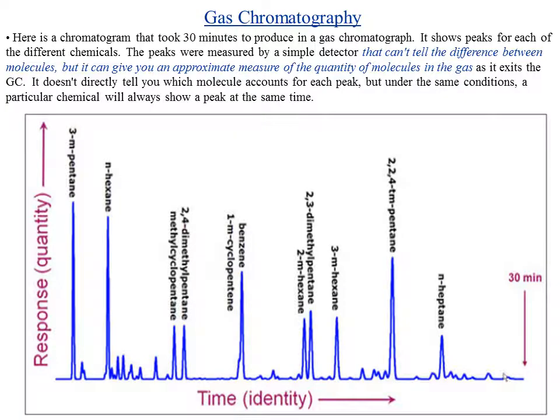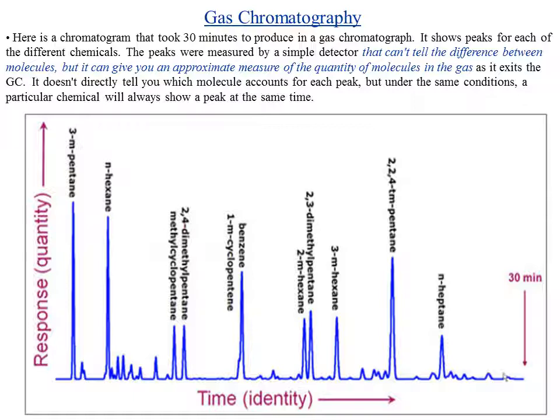So this is a gas chromatograph of a compound that was put through the machine, and it took 30 minutes to prepare, and as the compounds started to go through, they were separated according to their attraction to whatever was in the column, and so they're separated. Now, it's important to note that you can't tell the difference between the molecules.